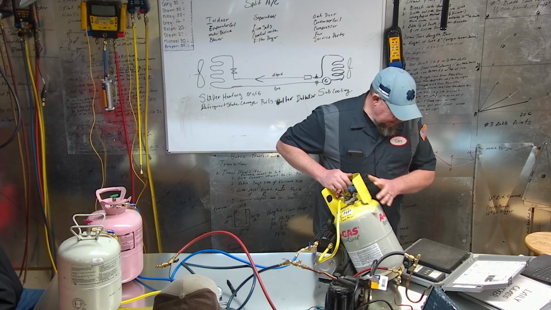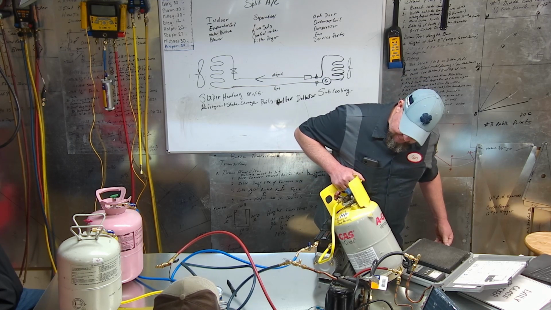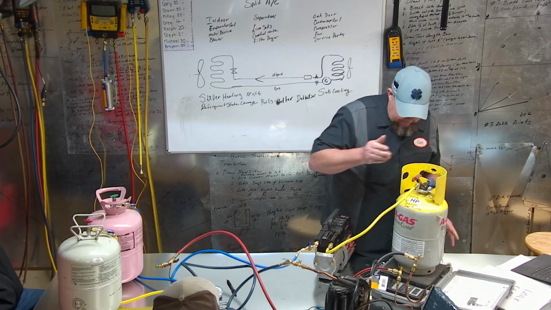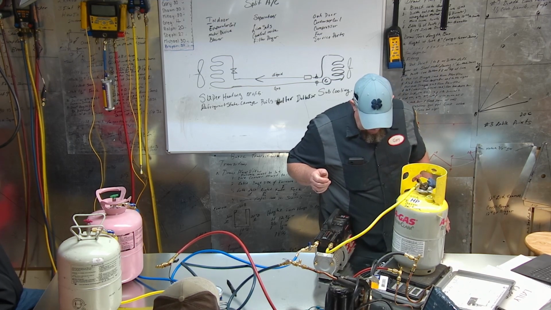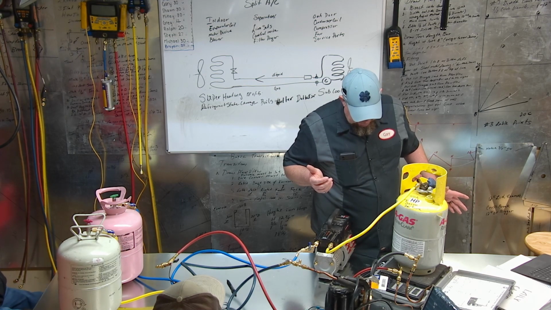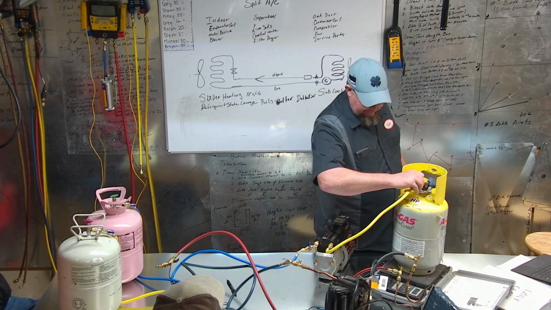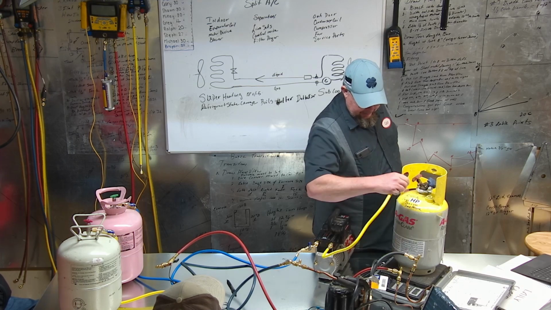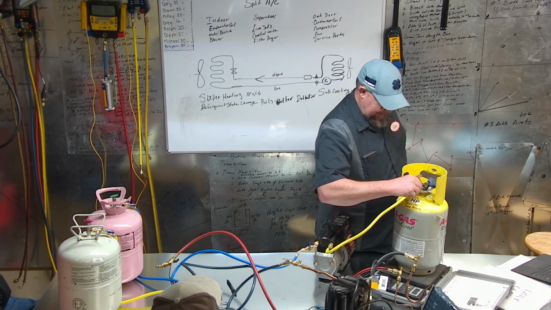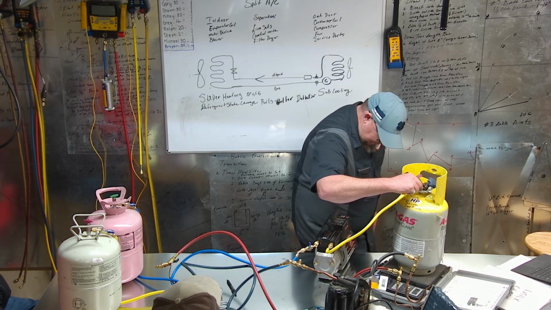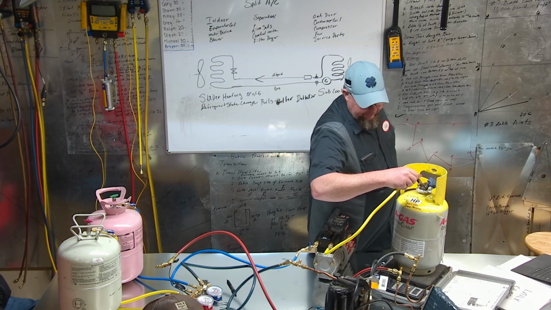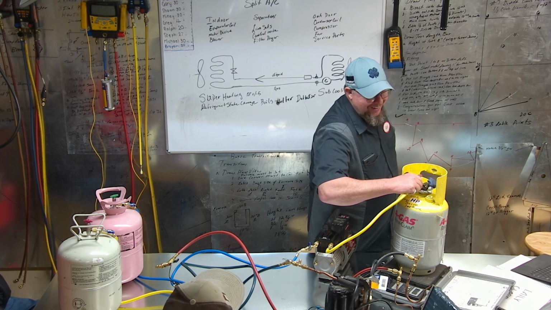So if I put this on this scale, it should read 16.4 pounds. It reads 17 point something pounds, 17.09 pounds. Oh, you have a hose on there. 16.5 pounds. Was it 16.4? 16 pounds 5 ounces.